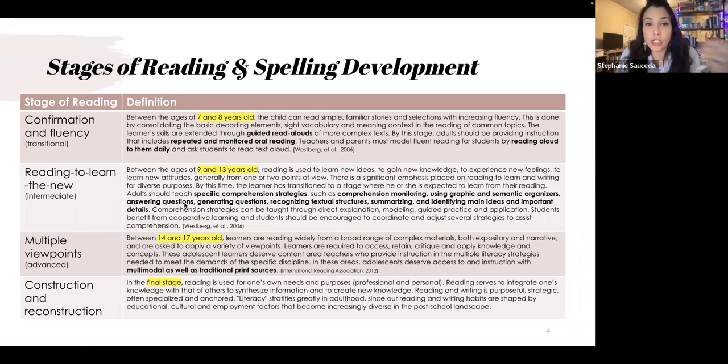Specific comprehension strategies we're teaching them, such as comprehension monitoring, which is what I want you to do with your assignment that I have for you of printing out your competencies. I want you to do that particular skill, comprehension monitoring.